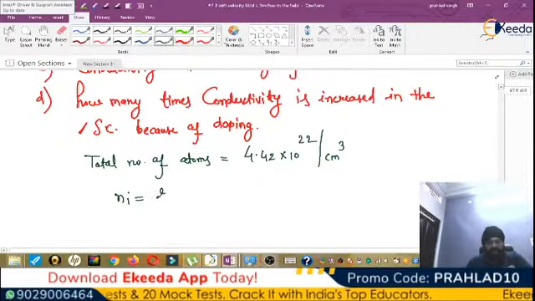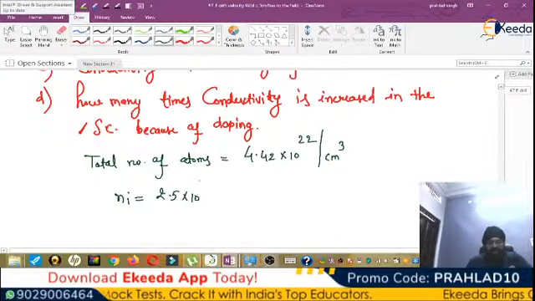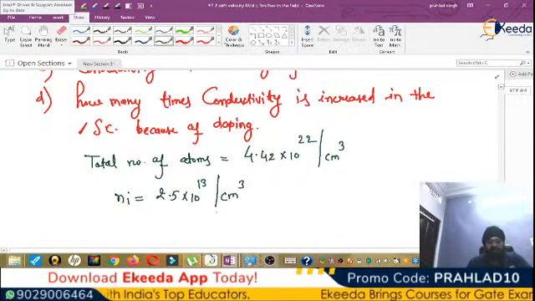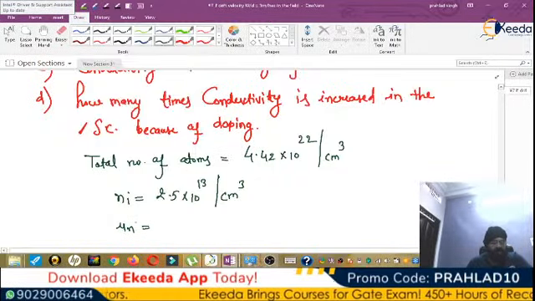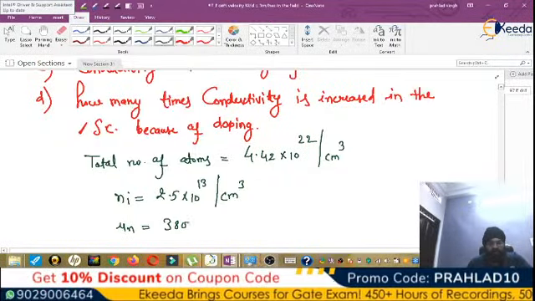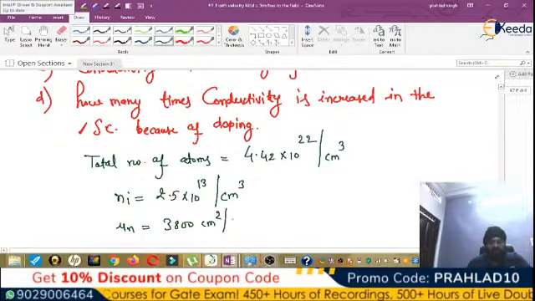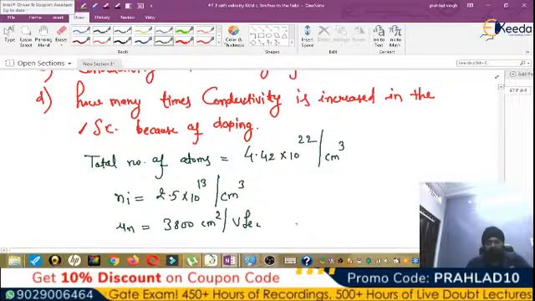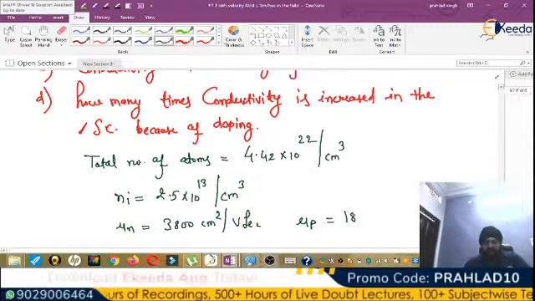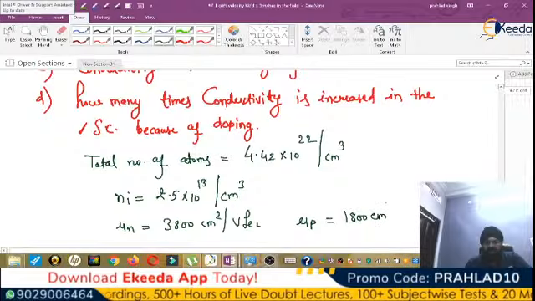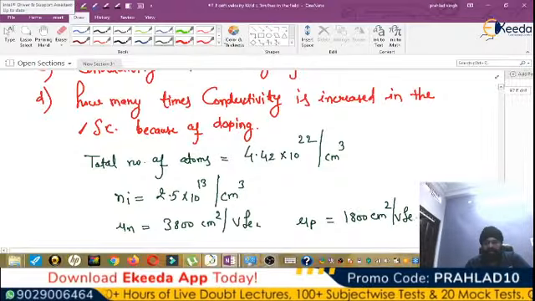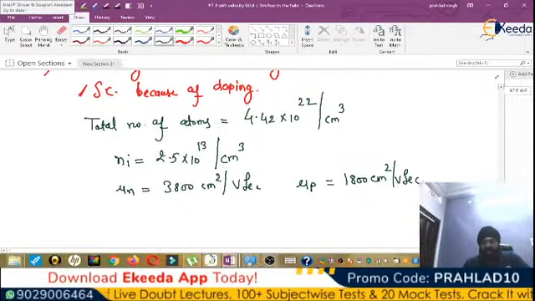Intrinsic concentration Ni is 2.5 into 10 to the power 13 per centimeter cube. Electron mobility mu n is 3800 centimeter square per volt second, and mu p is given as 1800 centimeter square per volt second.